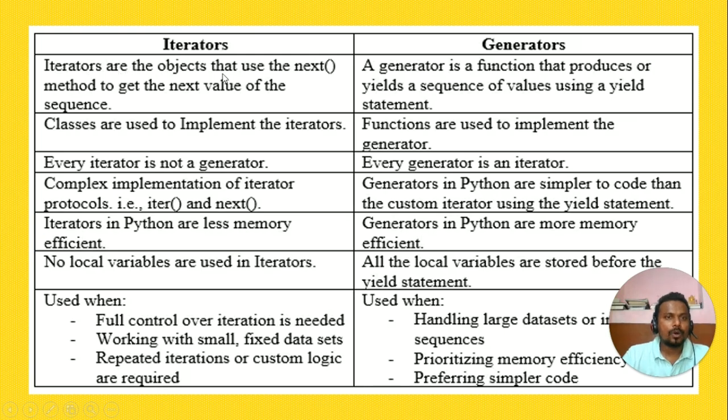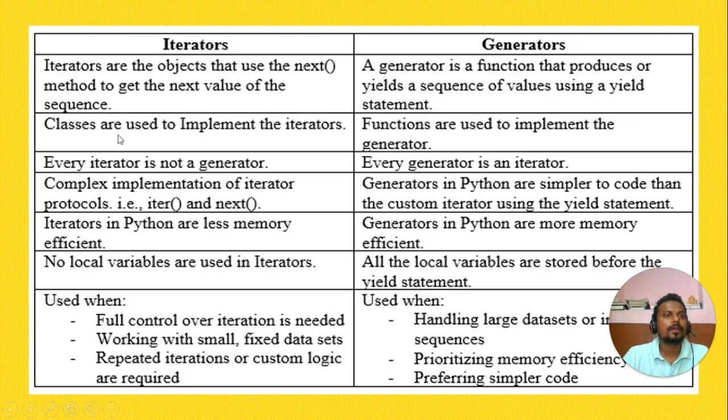Iterators are objects that use the next method to get the next value of the sequence. A generator is a function that produces or yields a sequence of values using a yield statement.